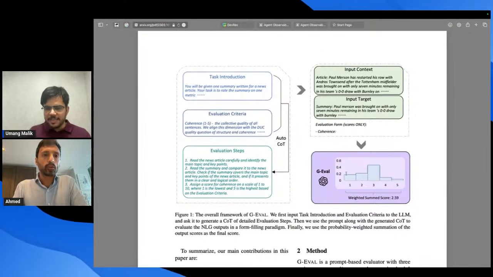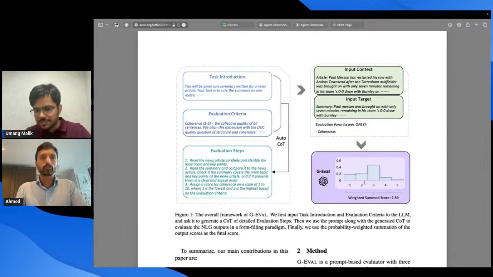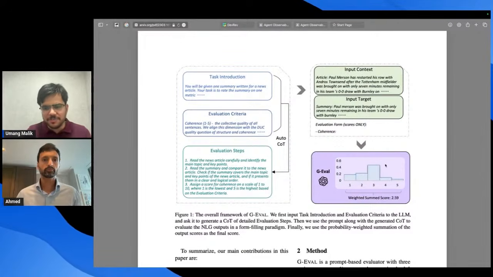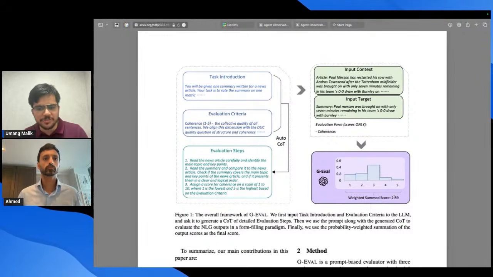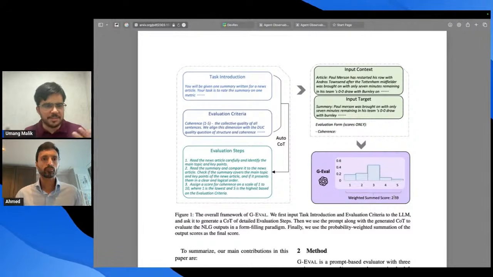So what they do is take a weighted average over this. In this particular example, which is based on chain of thought, if at the time of sampling it had a score of 1 with 20% and a score of 3 with 50%, it normalizes over all of that and assigns a weighted score of 2.59. This helps in reducing the randomness in this entire process of scoring. There's a lot of randomness, but anything that helps in reducing that and making it more trustable is helpful.